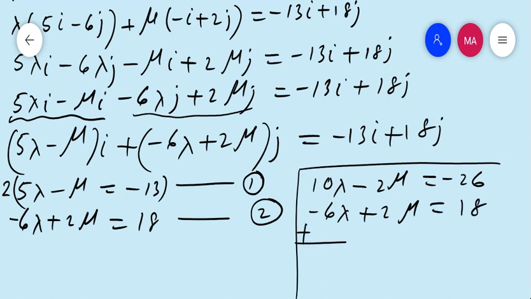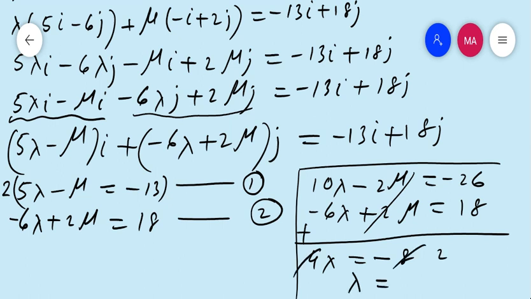Add these two equations. 10 minus 6 is 4 lambda. This cancels, minus 2 plus 2. And minus 26 plus 18 is minus 8, 4 into 8. So lambda is equal to minus 2.